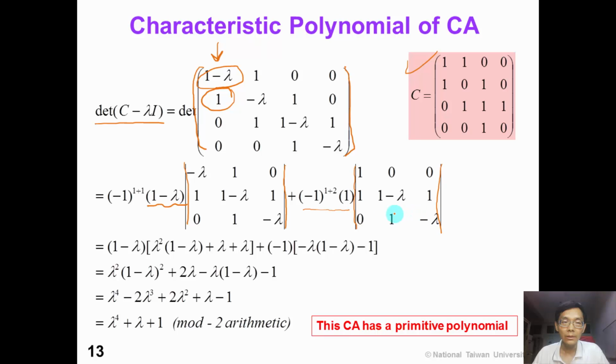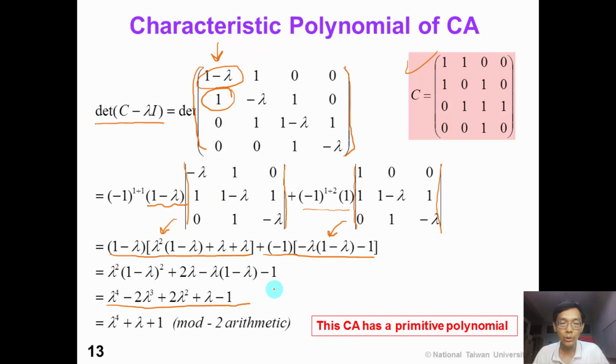We can then multiply this out to obtain this polynomial.